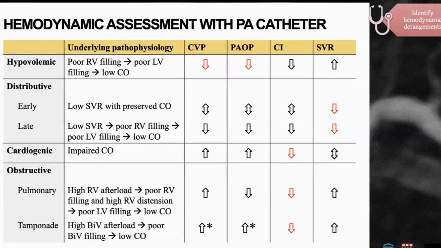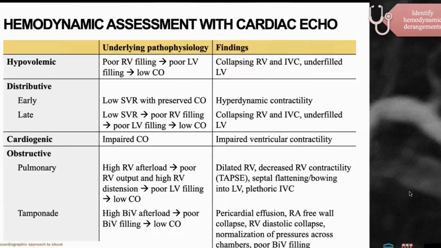Even though you have poor biventricular filling, you have elevated pressures in the LV in tamponade, whereas with massive PE, you have low pressures in the LV. So that's the underlying difference here. In the end, just being able to differentiate what's the underlying driver based on the PA catheter is going to be important for you guys.